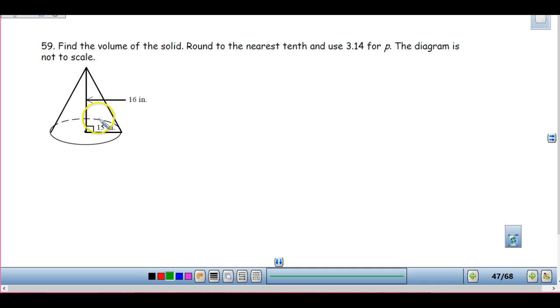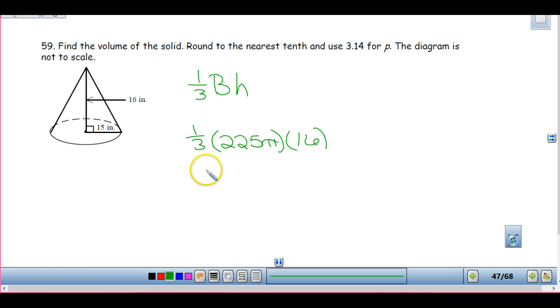59, okay, volume of our cone now, so we have to find our cone. We have 1/3 area of the base times the height. Okay, we have the height, so we're good there. So 1/3 15 squared, type that thing in, is going to give you 225 pi, because it's a circle, and times our height is 16.